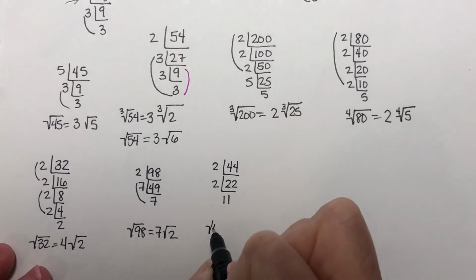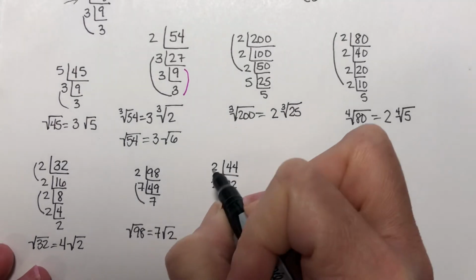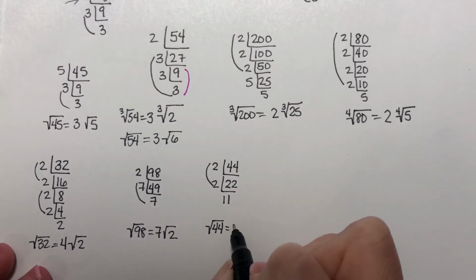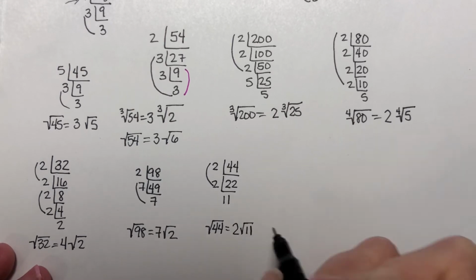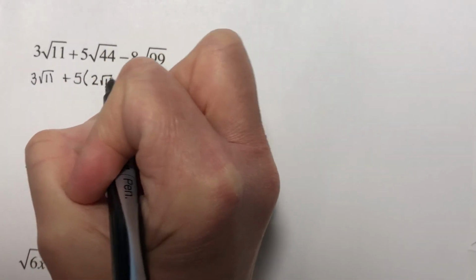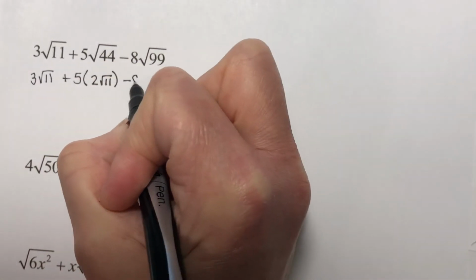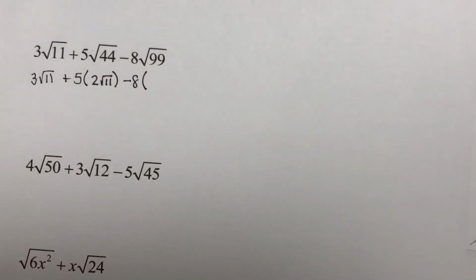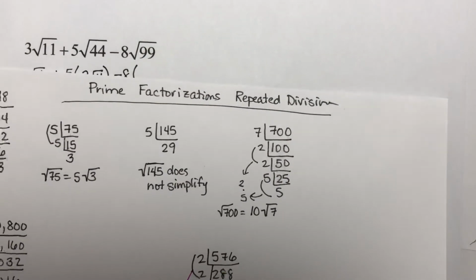So the square root of 44 would be, I have a pair of 2's, and then I have an 11 left over, so 2 times the square root of 11. Okay, minus 8 times the square root of 99.